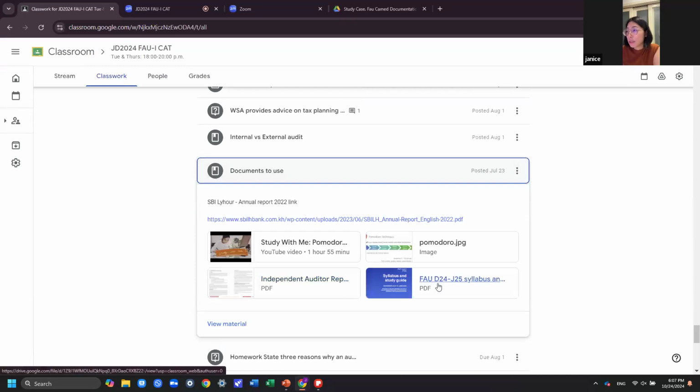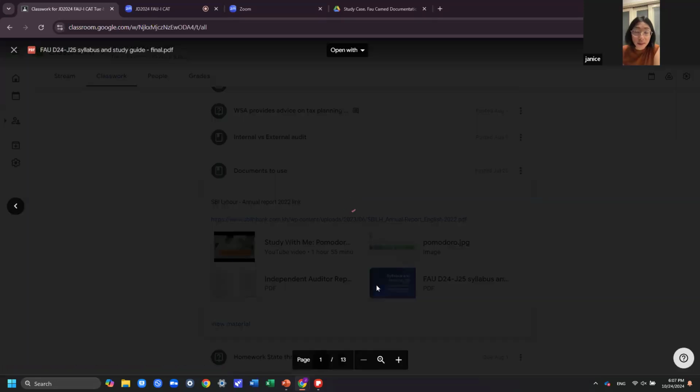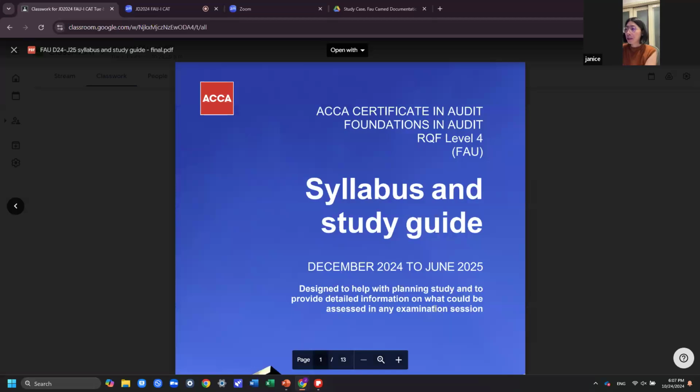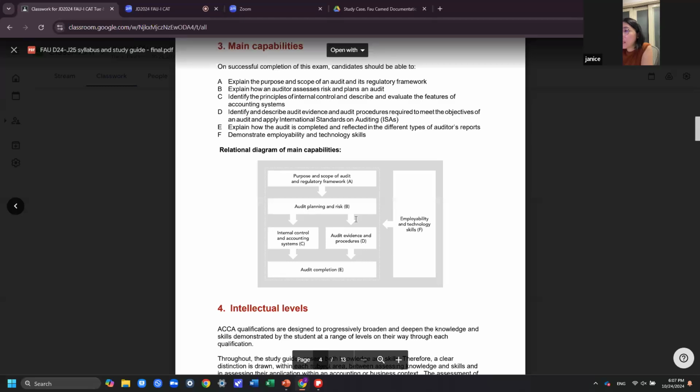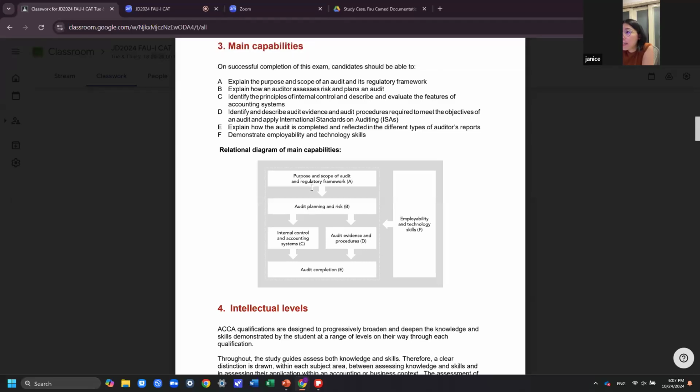So here we have everything you need to learn for the exam this term, and they changed the color. We did already the purpose and scope of audit and regulatory framework.